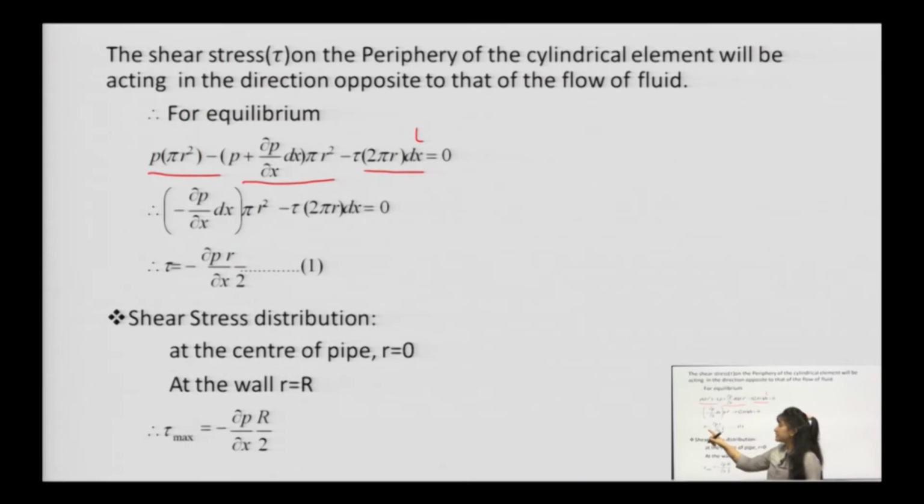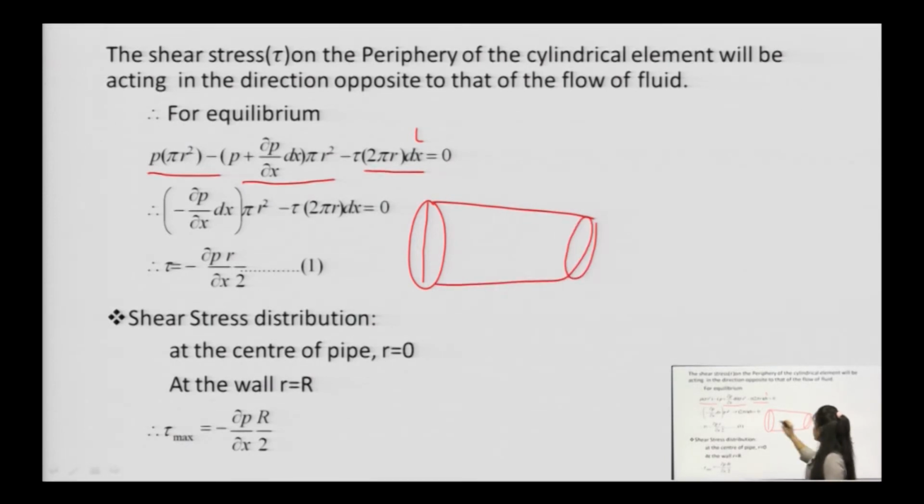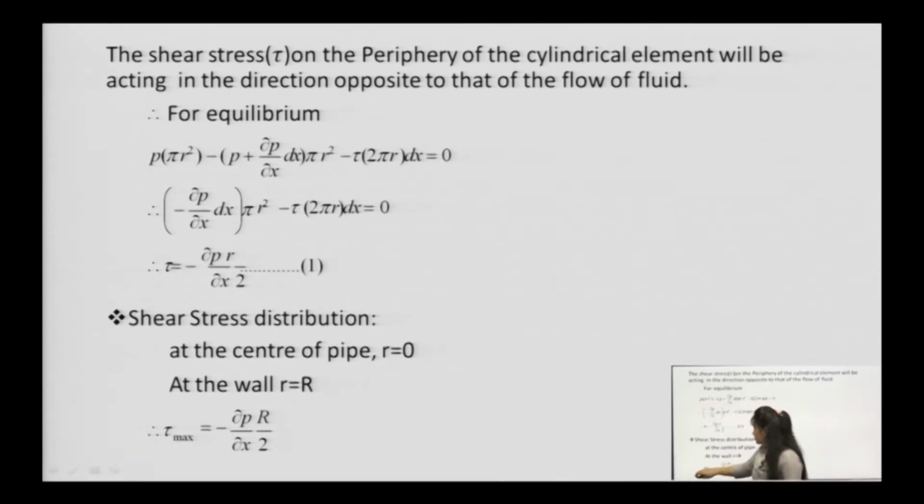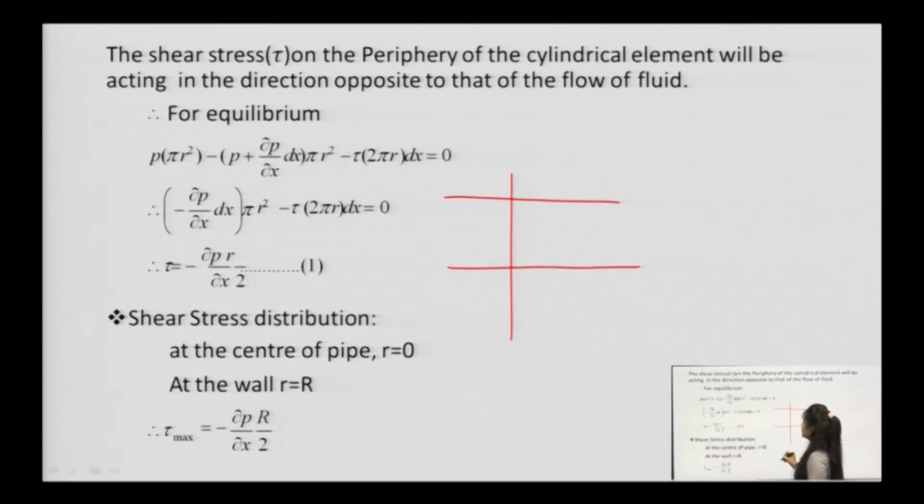Then you can see shear stress is directly proportional to the radius of the elemental fluid. If this is the circular pipe and you are supposed to calculate the distribution of shear stress, then it is directly proportional, or linear. If the radius increases, shear stress will increase, or vice versa.